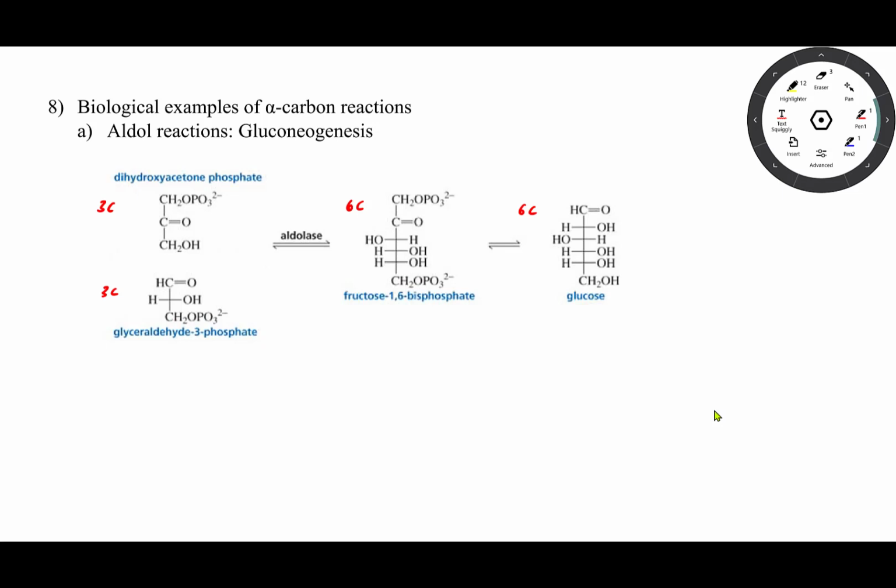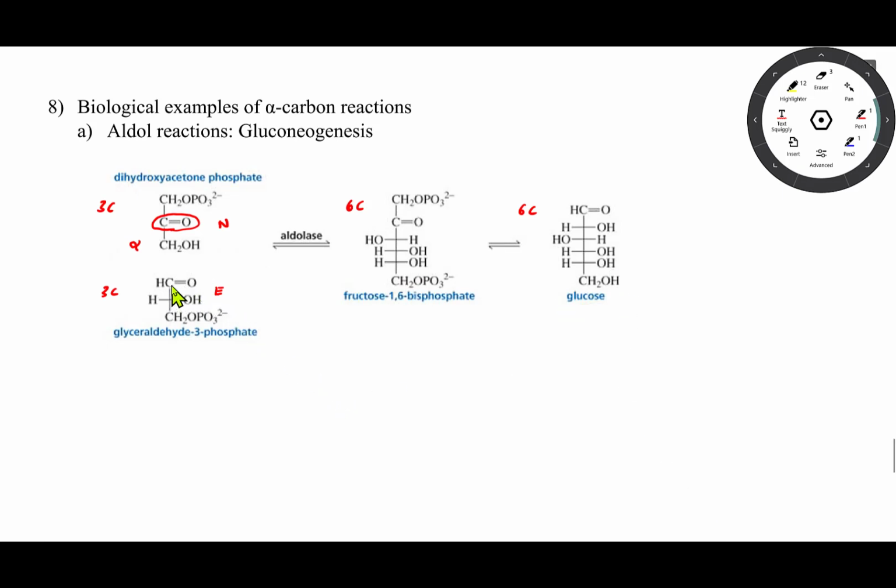And so what we have is a carbonyl functional group, and this is my nucleophile. So this is my nucleophilic alpha carbon, and that's going to attack my electrophile. Here's my electrophilic carbon, right here.